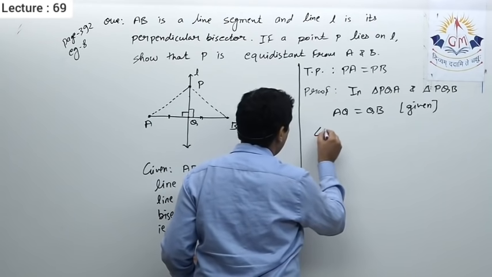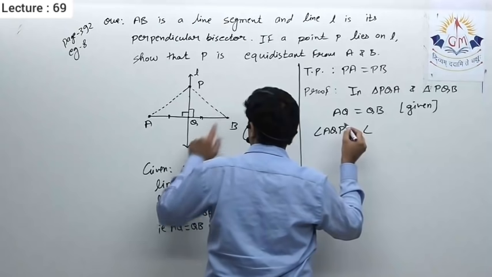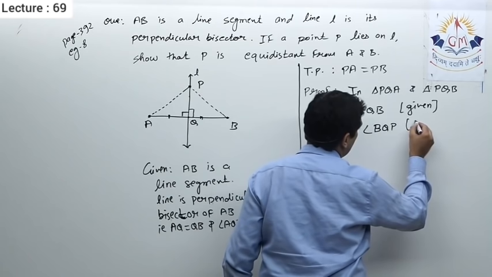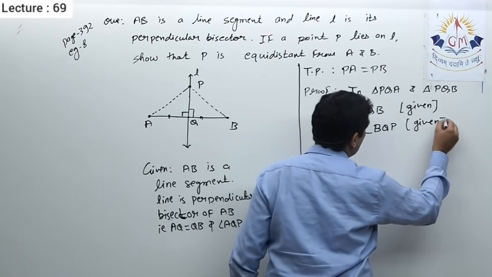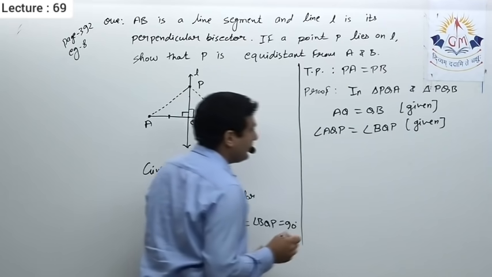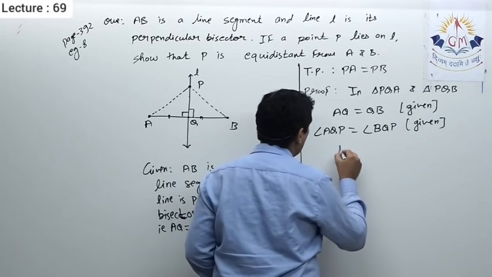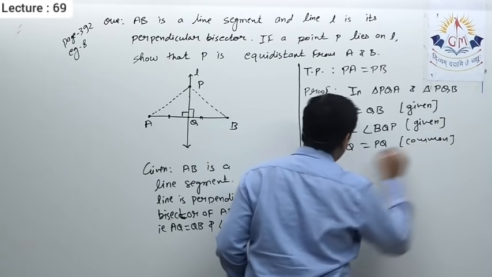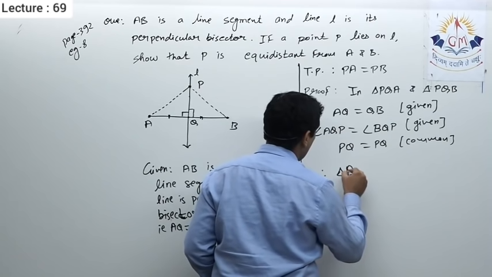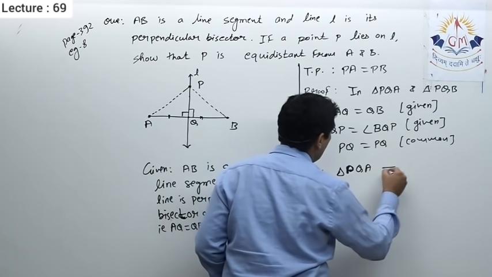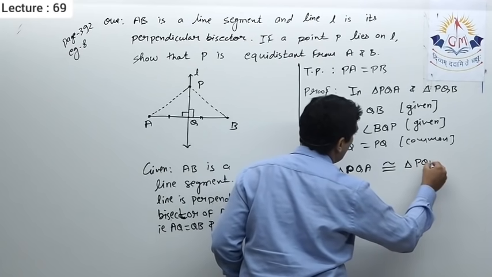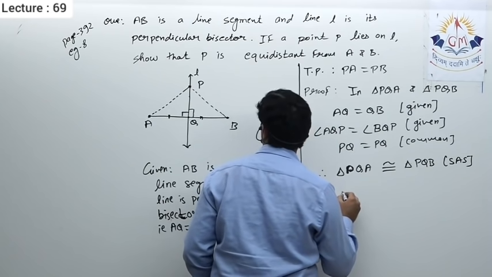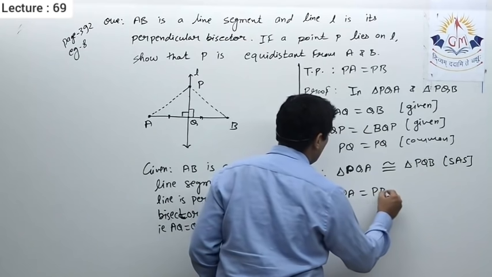Angle AQP is equal to angle BQP, it is also given. They are equal to 90 degrees, and PQ equal to PQ, that is common. So therefore I can say triangle PQA is congruent to triangle PQB by side, angle, side, and hence I can say PA is equal to PB.